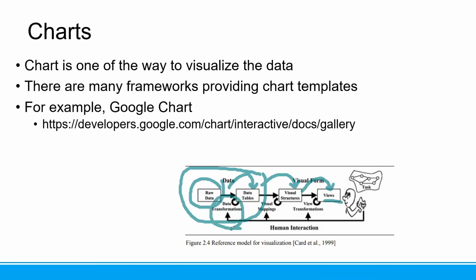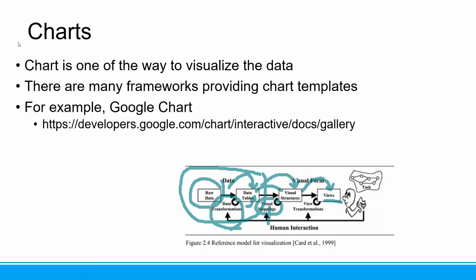In this part, we are transforming the data. So the data can be in the text, or the data can be in the CSV, or the data can be in any format. You will change it to the data tables, and we will have a visual mapping function to change from the data table into the visual structure.